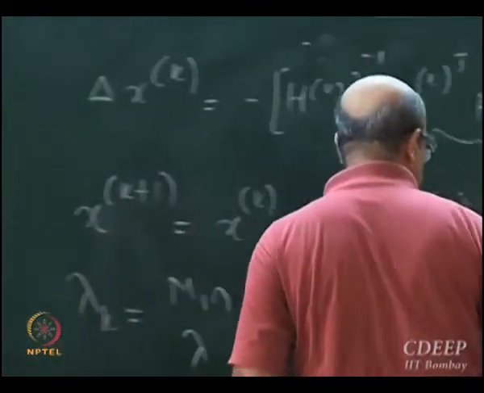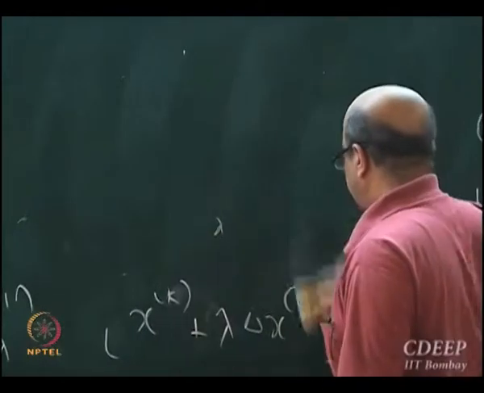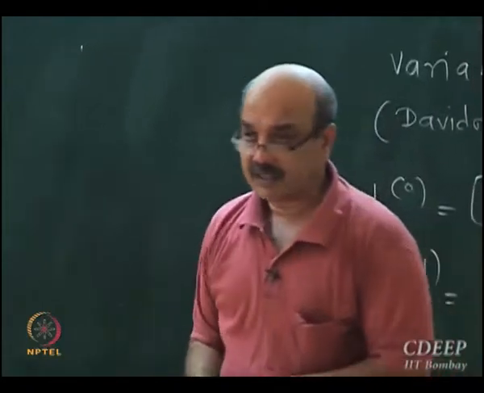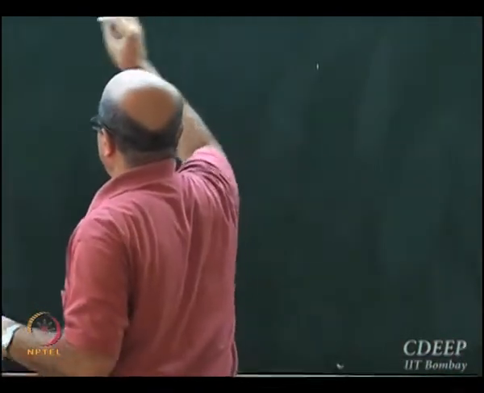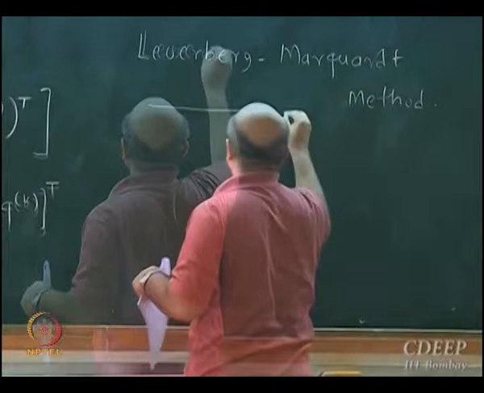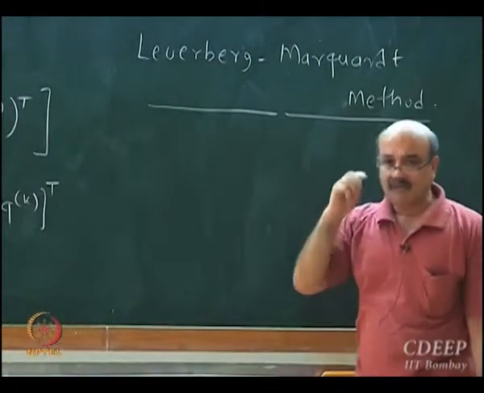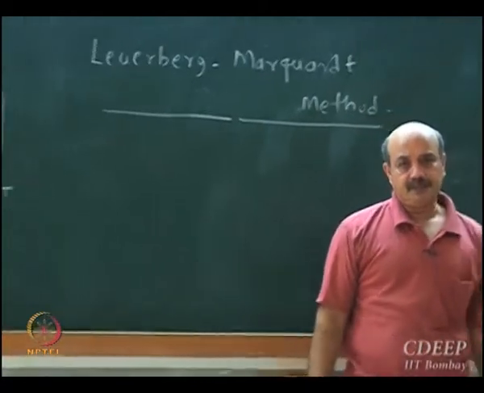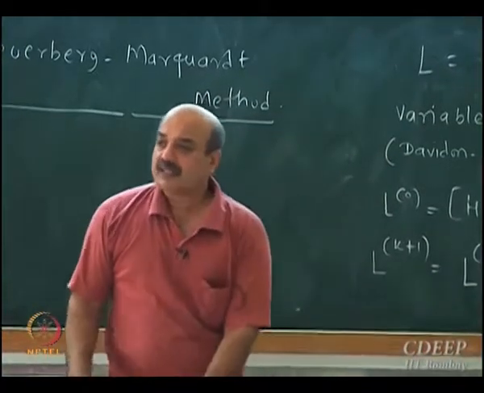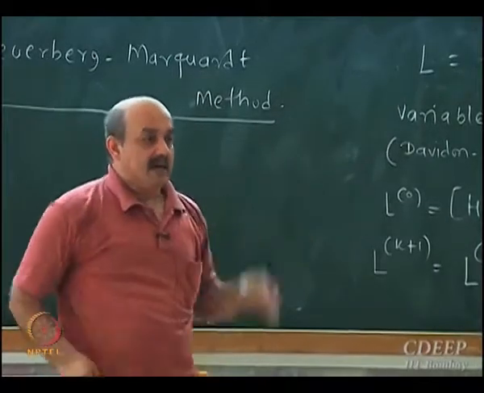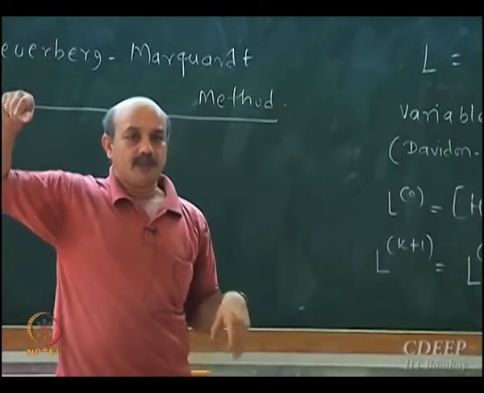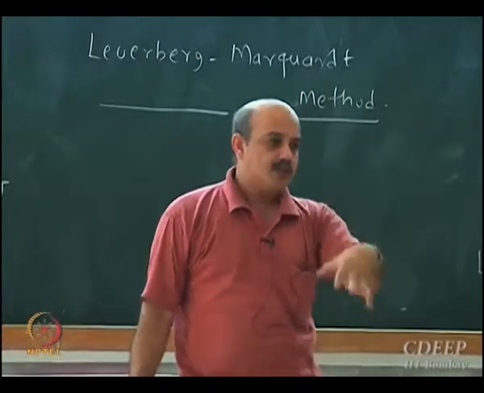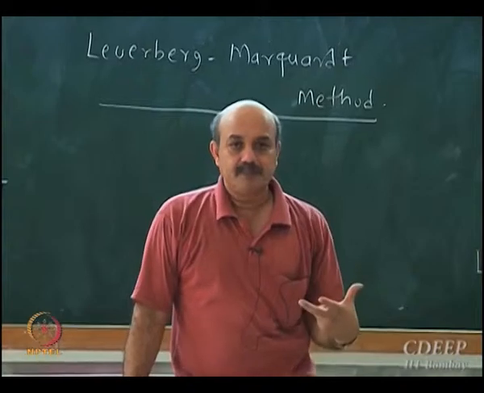The last thing which I want to talk about here is a method which is very popular in solving nonlinear algebraic equations. This is called the Levenberg-Marquardt method. It is a combination of gradient method and Hessian method. What is the nice thing about the gradient method? When you are far away from the optimum, it makes very long strides and tries to move towards the optimum very quickly.